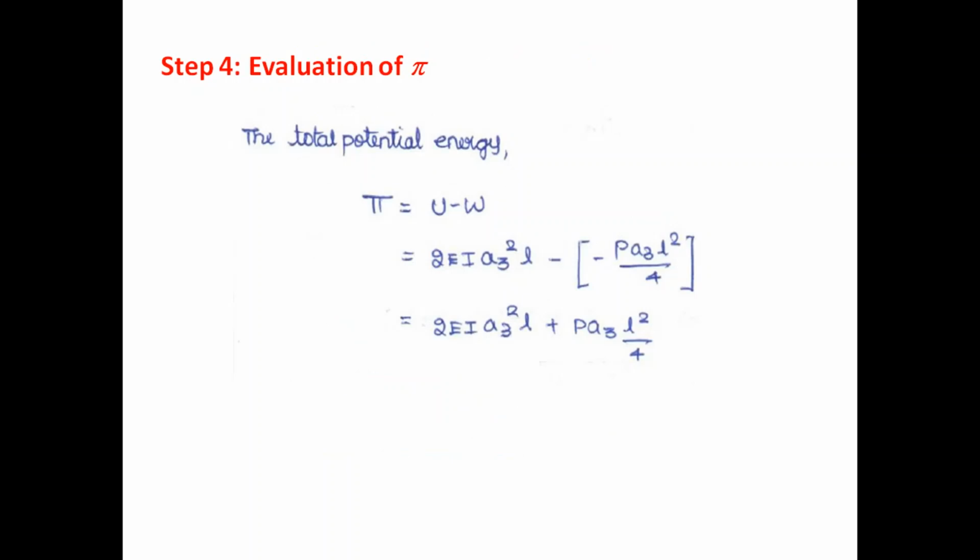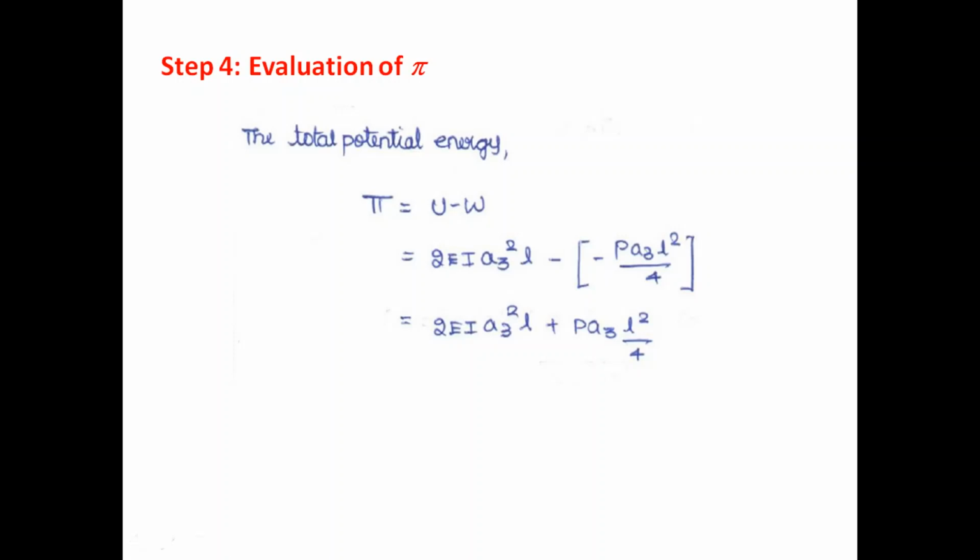Substituting the expressions for U as well as W, we get the total potential energy as 2EI a3 square L plus P a3 L square by 4. Now we have to find the extreme condition, that is, differentiating this pi with respect to a3 and equating to 0 will give the solution for this problem.